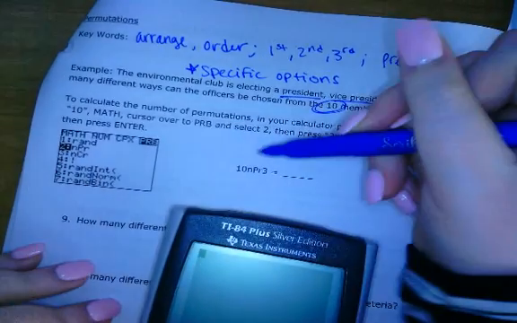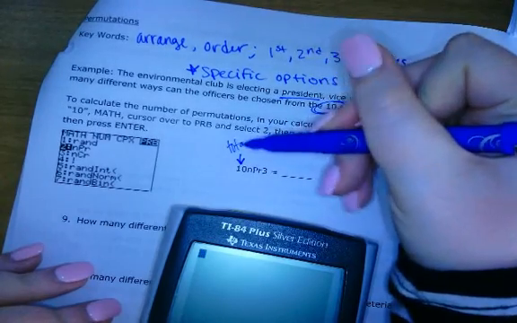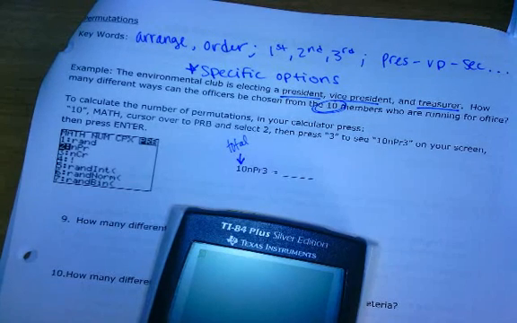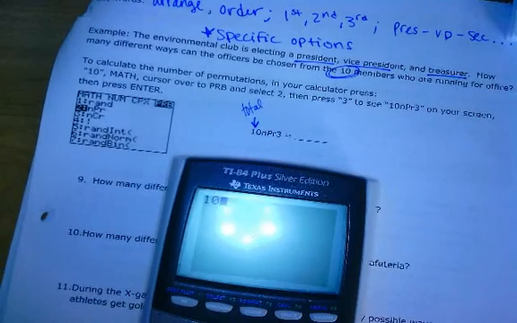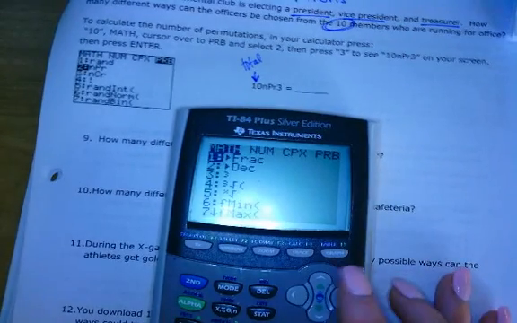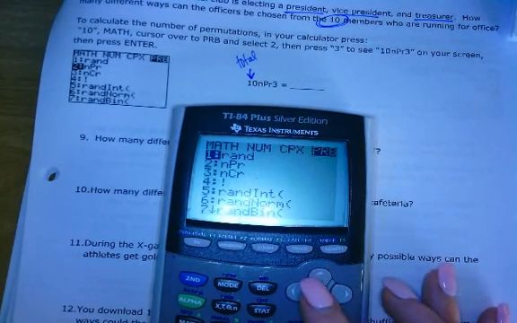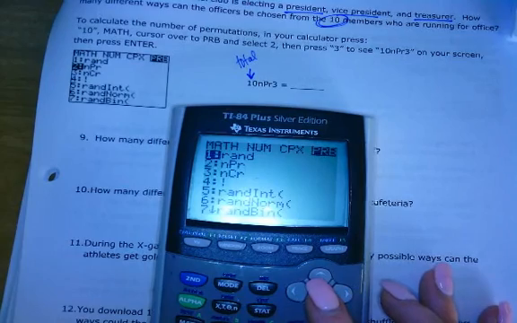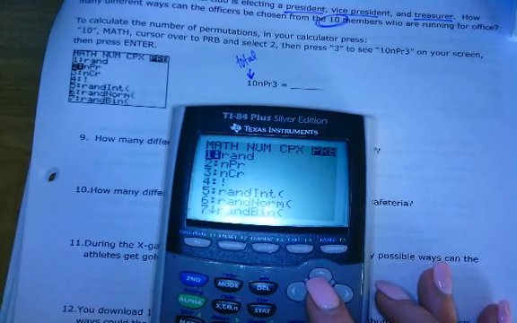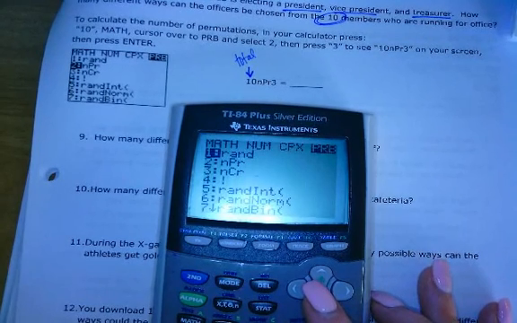The first number we're going to put in before we do the fancy stuff is the total that we have to choose from. Since we have 10 members, 10 will be first. Then we're going to press math, the button right under alpha. We're going to go over to our probability, the PRB, and it's the second one, nPr.